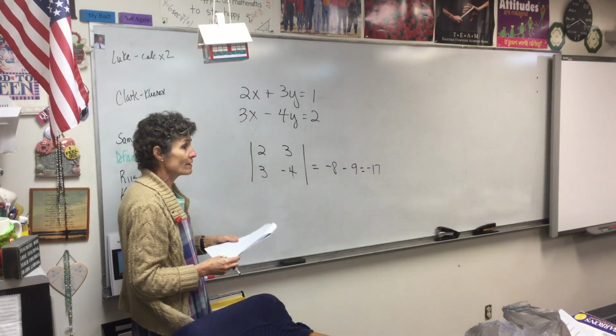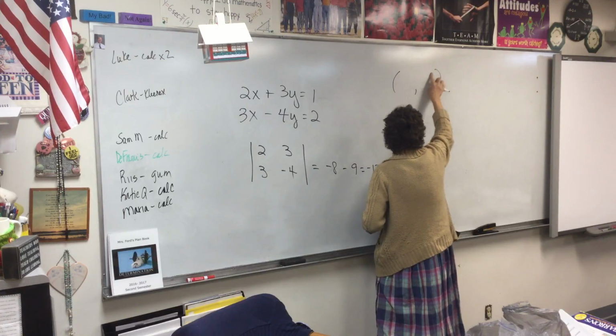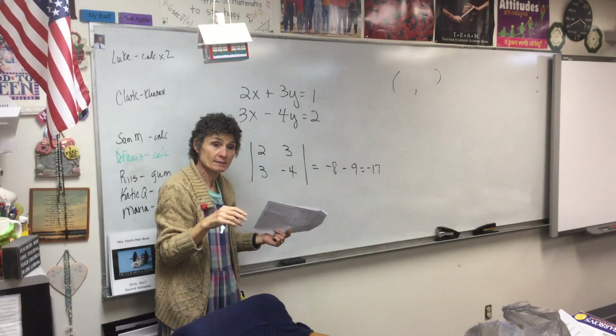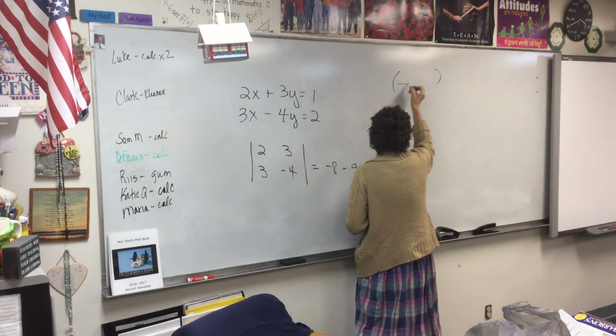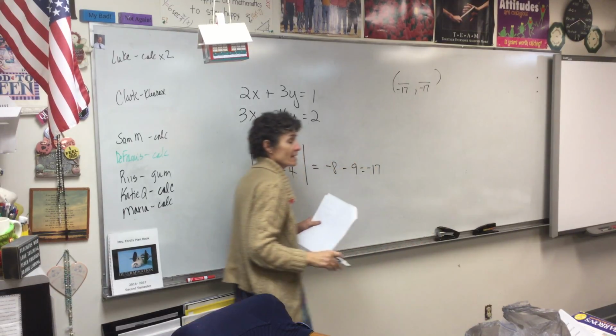Now, when I'm solving a system, remember, I am looking for an x and a y, just like when you did substitution. That negative 17 is the denominator for x and y.